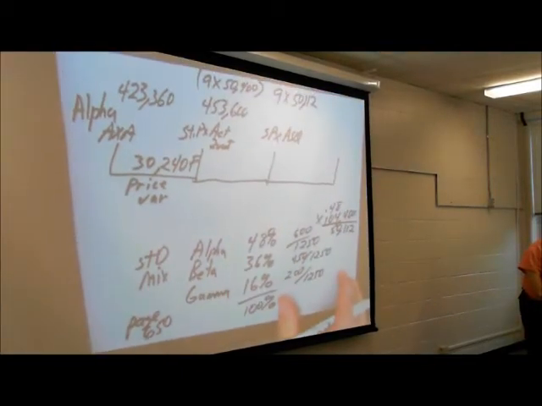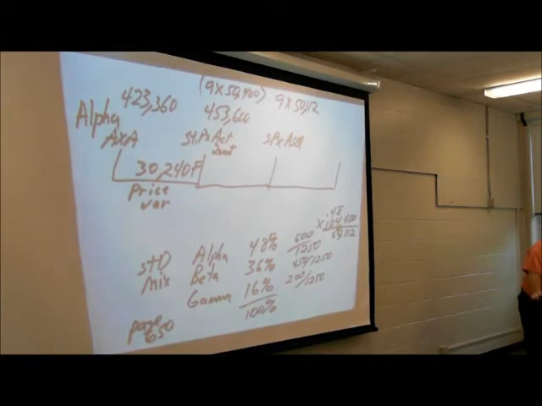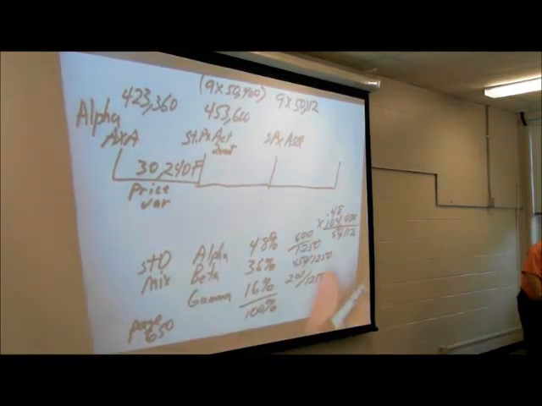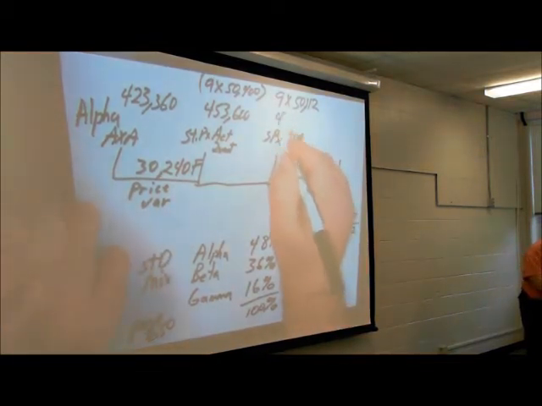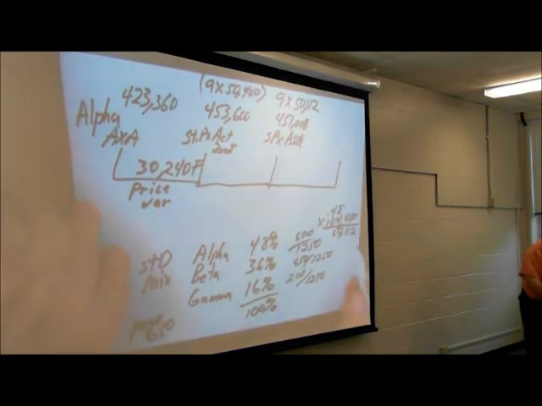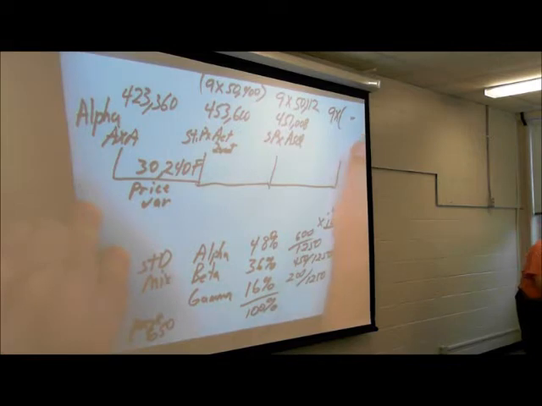What's this multiply out to? 451,008. Now, over here, and this is our flexible production budget, this prong, we're going to take $9 times our standard quantity.